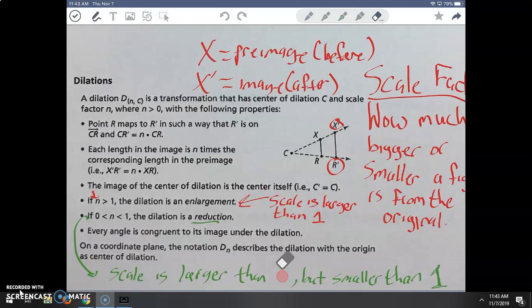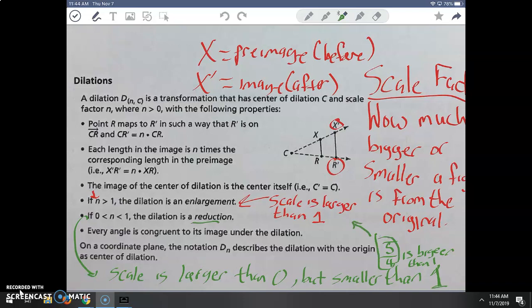Larger than 0, smaller than 1. So it's going to be a fraction. Don't be confused, because this is a fraction as well, but this 5/4 is bigger than 1. So this one would still be an enlargement.